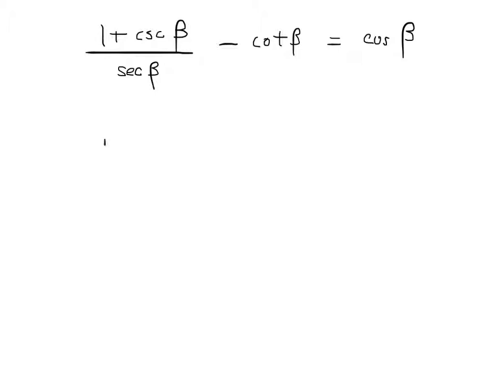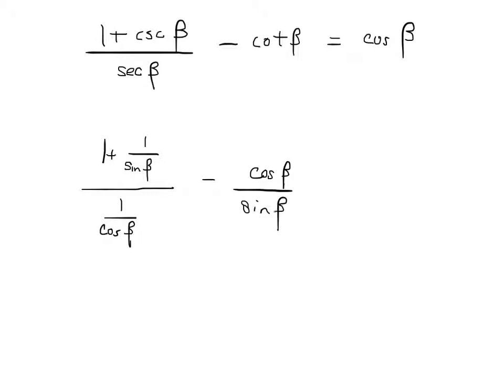So 1 plus cosecant is 1 over sine of beta, all over 1 over cosine beta minus, not sine, cotangent, which is cosine beta over sine beta, equals cosine beta.